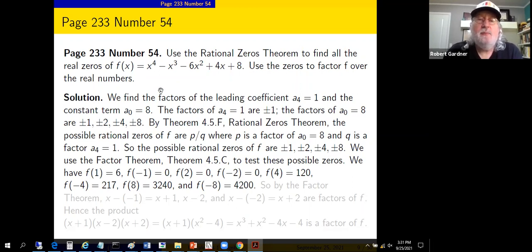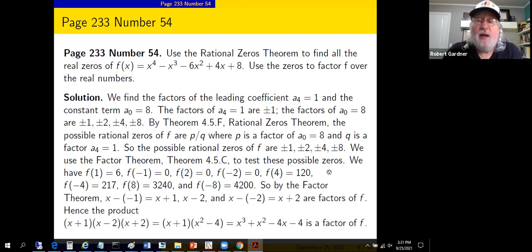How many zeros could there be? Fourth degree polynomial, there could be 4 real zeros. Well, we found 3 of them. By finding zeros, the factor theorem tells us we've also found factors. Since negative 1 is a 0 of the polynomial function, then x minus negative 1, that is x plus 1, is a factor of the polynomial function. 2 is a 0, x minus 2 is a factor.